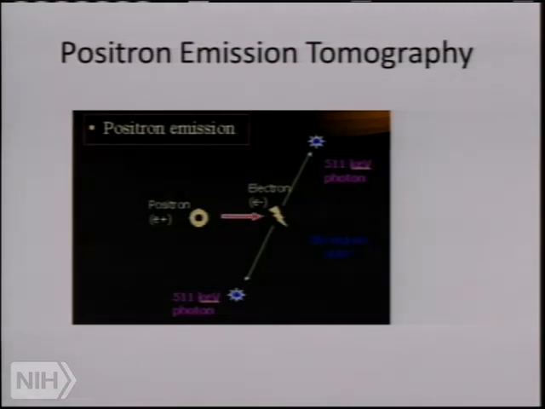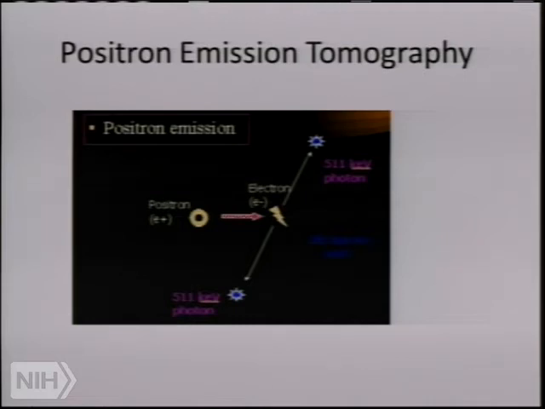And this is a classic matter-antimatter interaction, whereupon when this positron meets an electron, they annihilate each other and completely transform into 2 gamma rays in opposite directions, 180 degrees opposed from each other, at a characteristic energy of 511 keV.